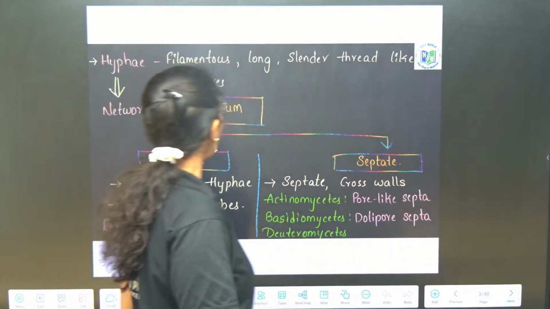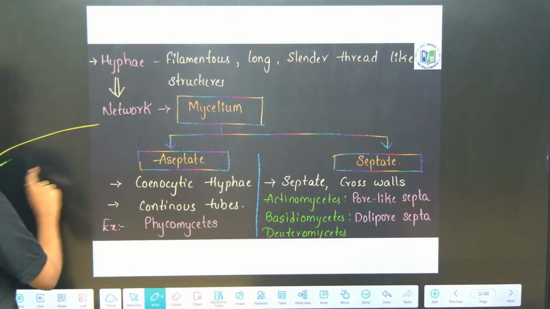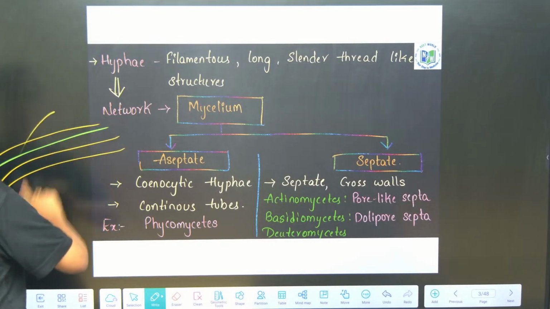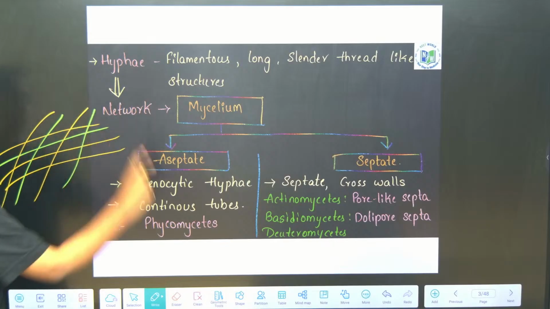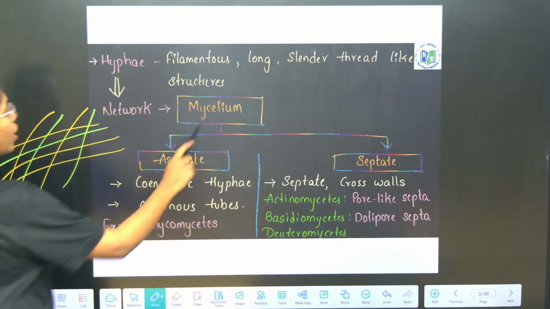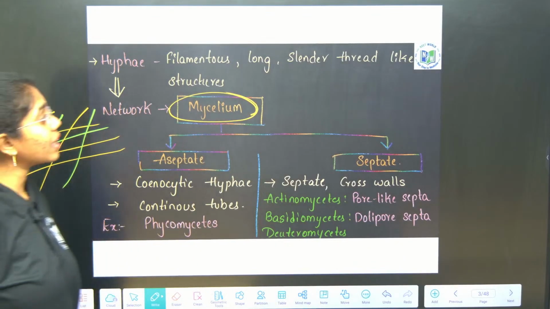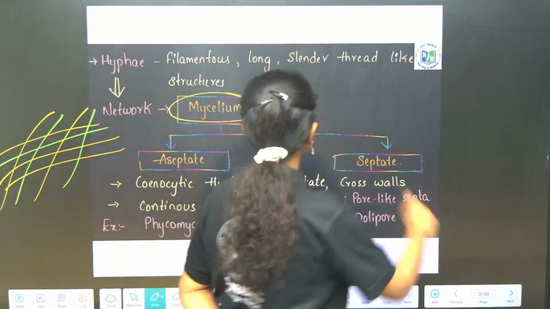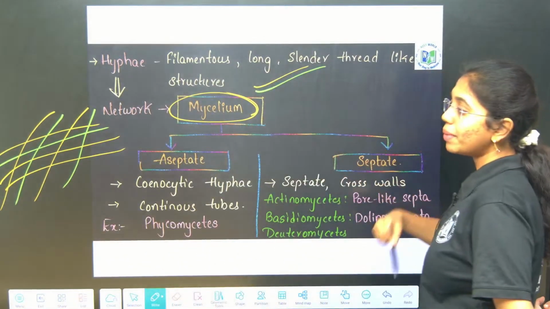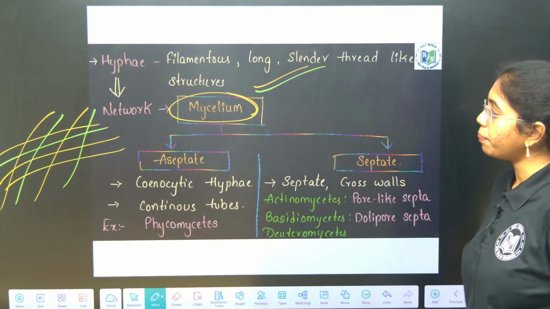The fungal body is made up of hyphal strands, and a group of hyphae is called as what? Mycelium. Hyphae are filamentous, long, slender, thread-like structures which form a network, forming up what?